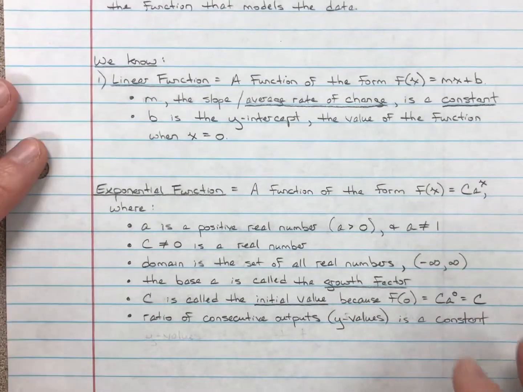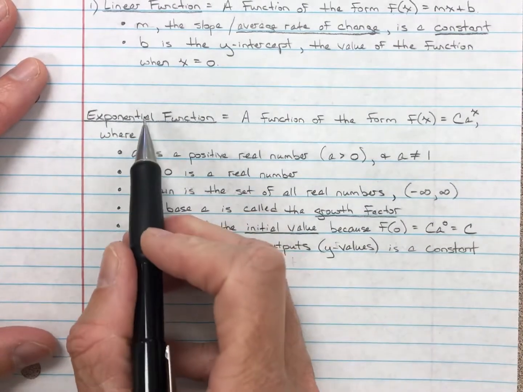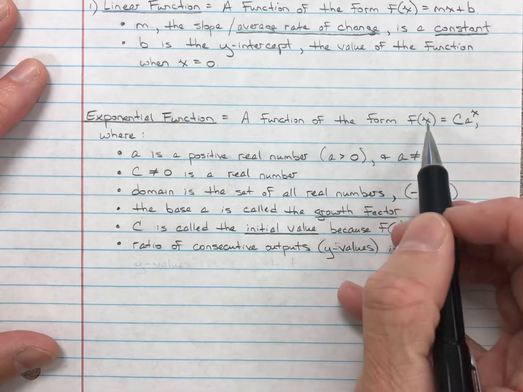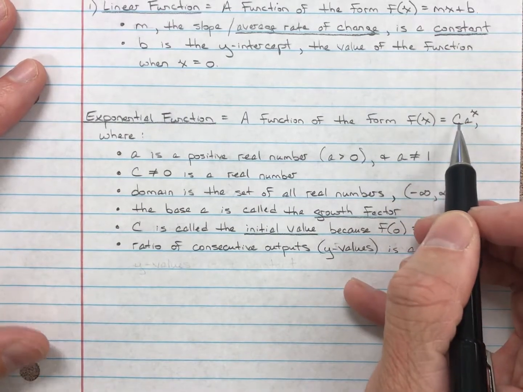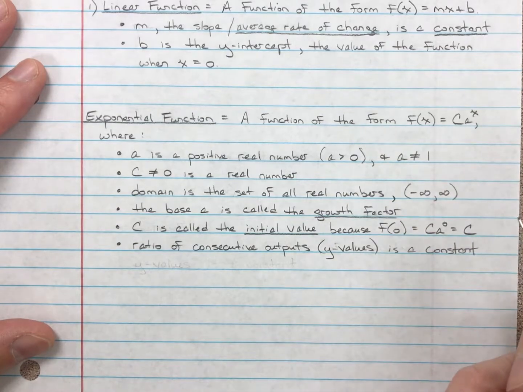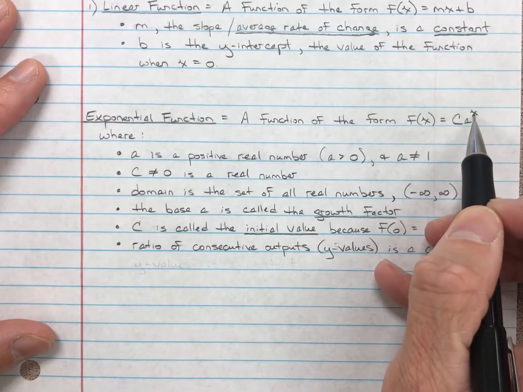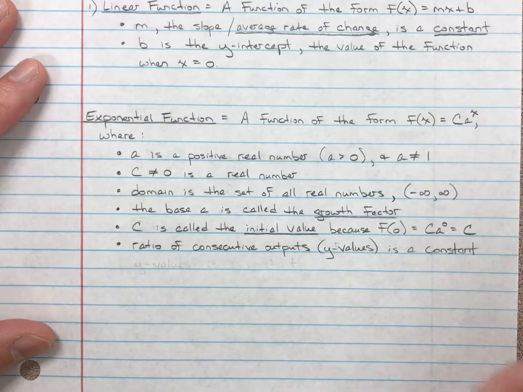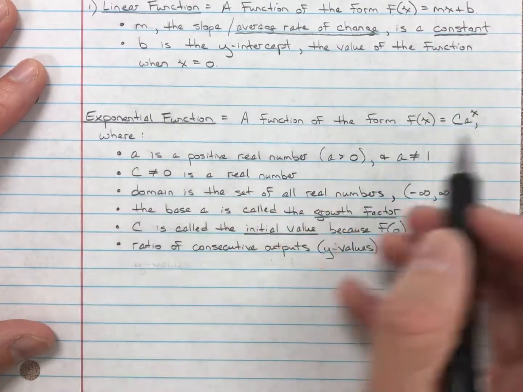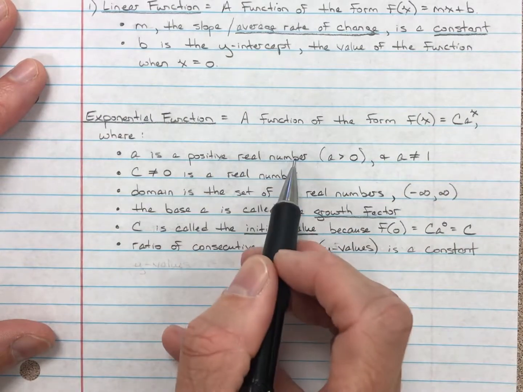So now let's define what an exponential function is. An exponential function is a function of the form f of x equals c times a to the x. So an exponential function has a variable in the exponent where a, which is the base, is a positive real number.